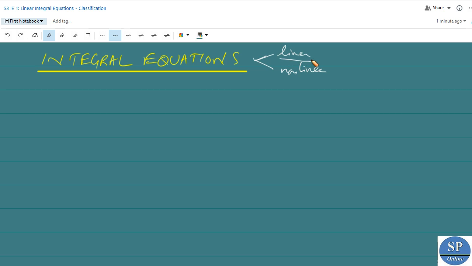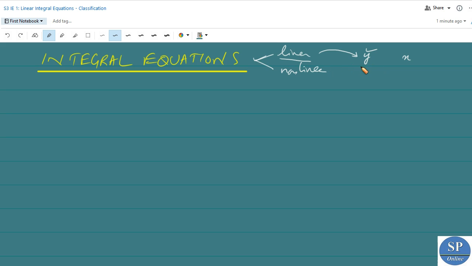Linear integral equations are equations in which no nonlinear functions of the unknown functions are involved. Okay, we can generally use the variable y for the unknown function or dependent variable and x for the independent variable. So, a linear equation is an equation in which no nonlinear functions of this unknown function y are involved.